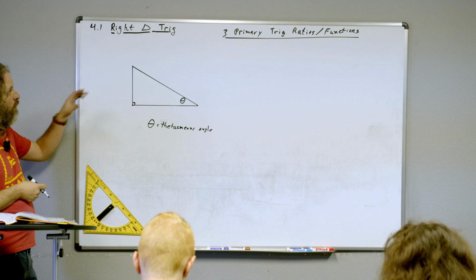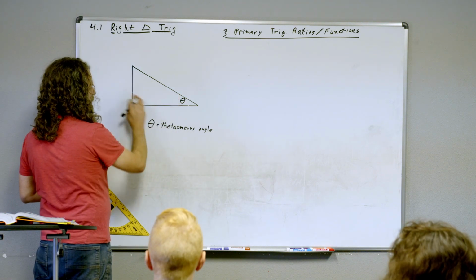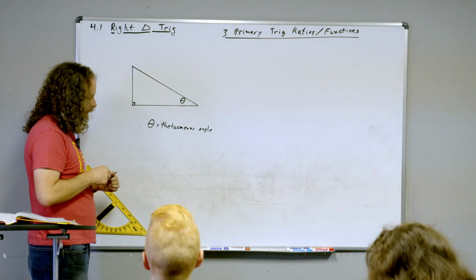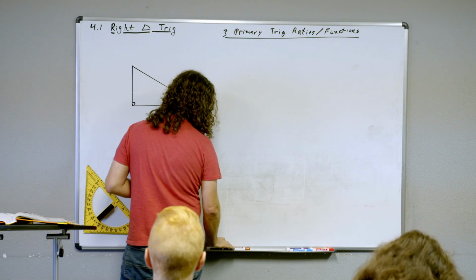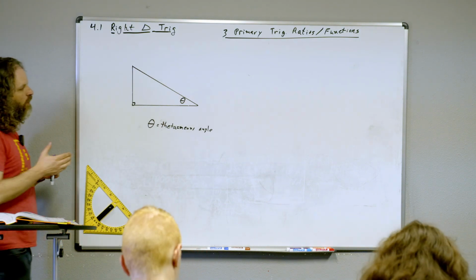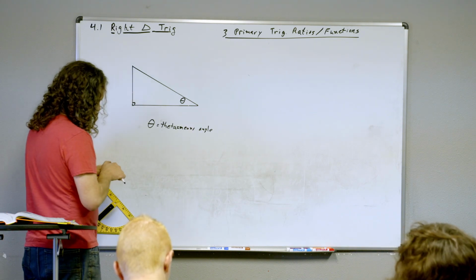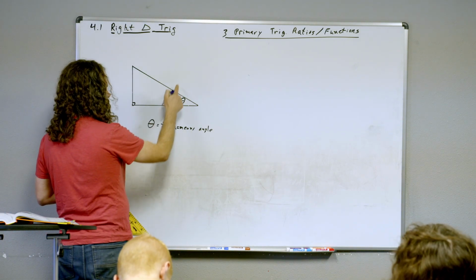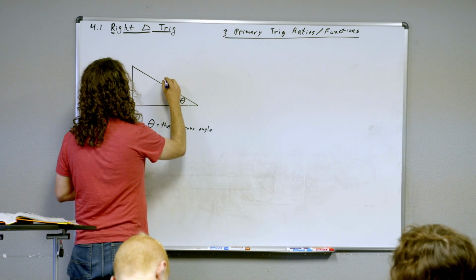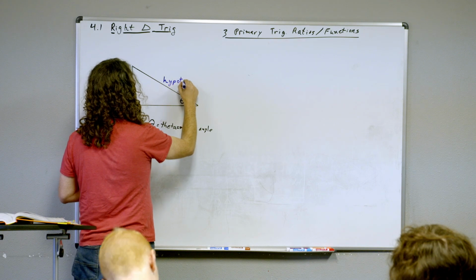Now, when I am looking at this angle, there are three different sides. One of them we know the name for. Which one? The hypotenuse. Which one is the hypotenuse? The one across from the 90-degree angle, the longest one. It's always the hypotenuse, and this is important because this one and this one both, as far as English is concerned, have the name of one of them, but the hypotenuse is always the hypotenuse.